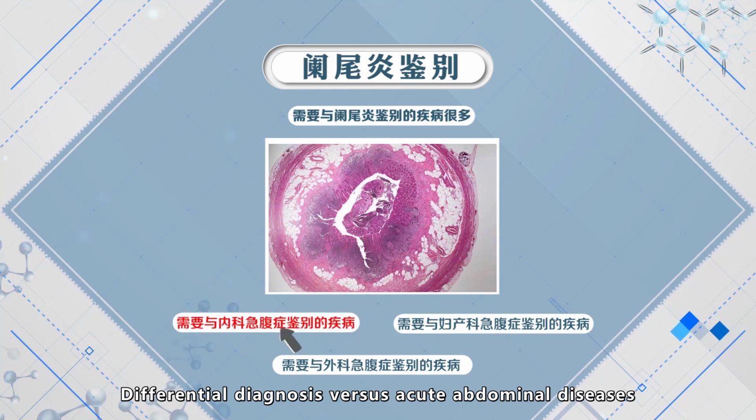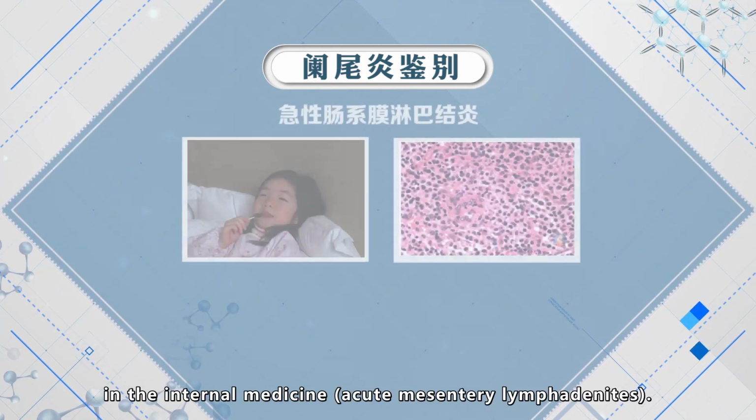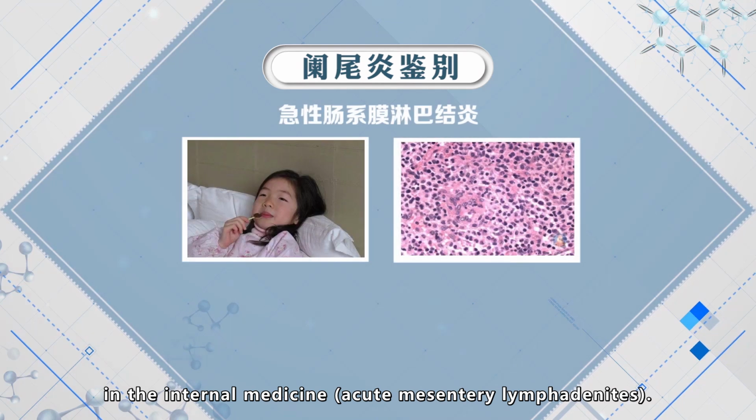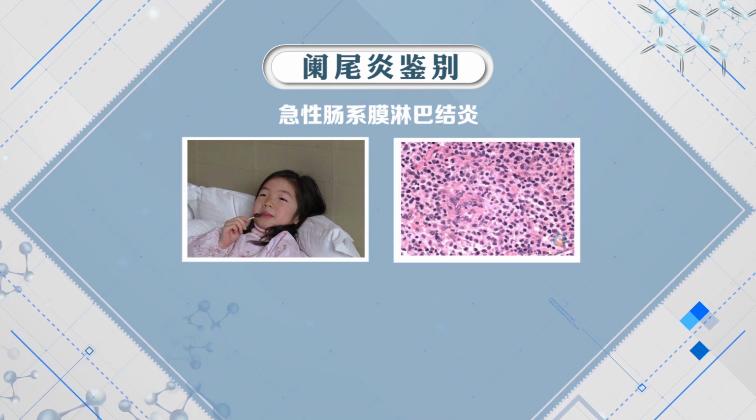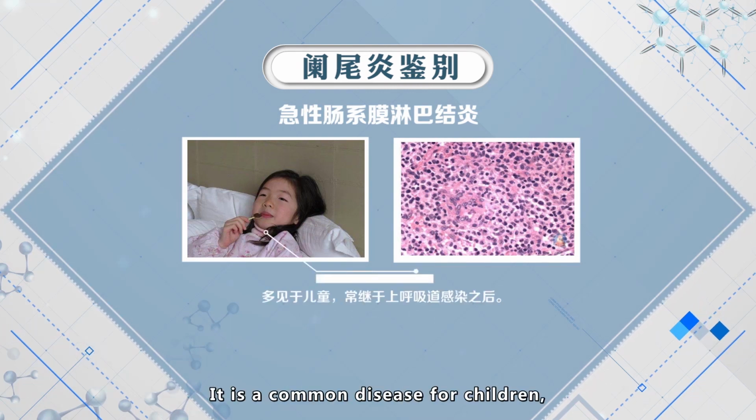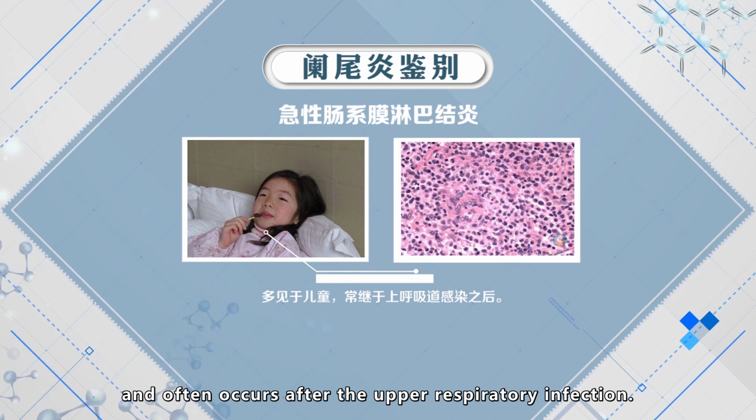Differential diagnosis versus acute abdominal diseases in internal medicine. Acute mesenteric lymphadenitis. It is a common disease for children and often occurs after an upper respiratory infection.